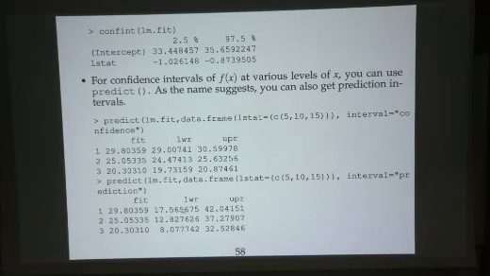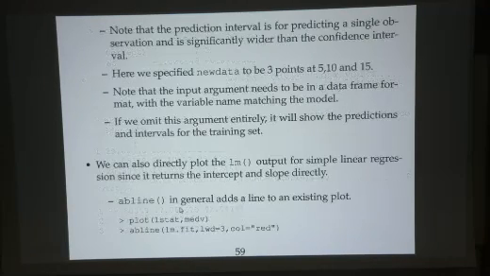The prediction intervals are wider than the original confidence intervals. We have specified the new data to be 3 points, 5, 10, and 15, in a data frame setup. If you do not include the data frame, it will only show the predictions and the intervals from the training set.